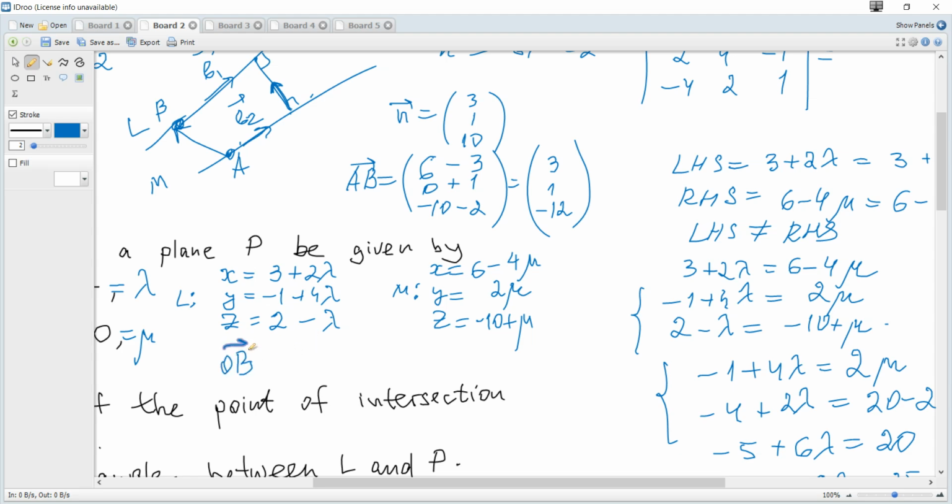OB vector will have the coordinates 3 plus 2 lambda, -1 plus 4 lambda, and 2 minus lambda, and the position vector of OA becomes 6 minus 4 mu, 2 mu, -10 plus mu.